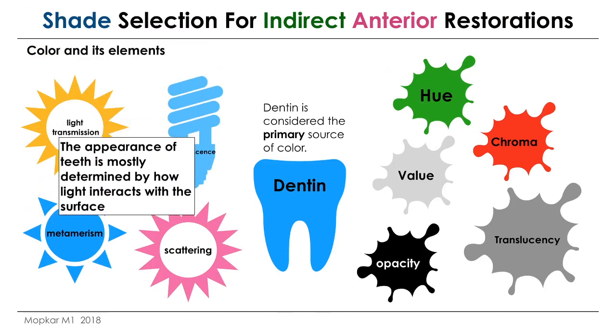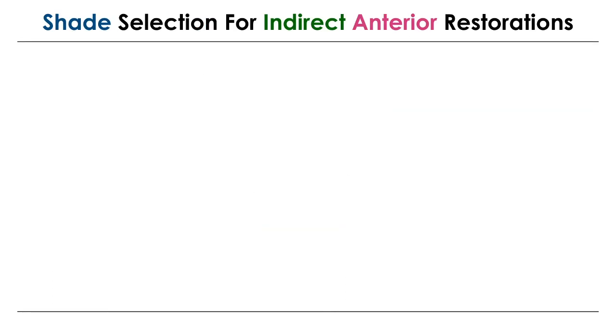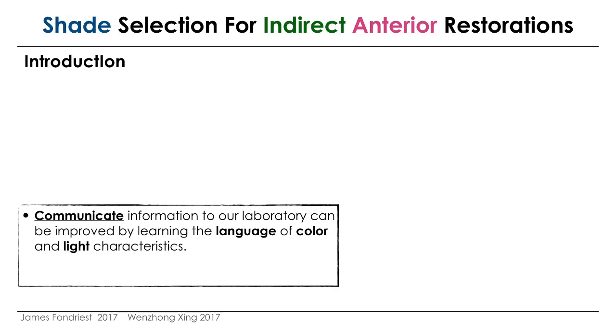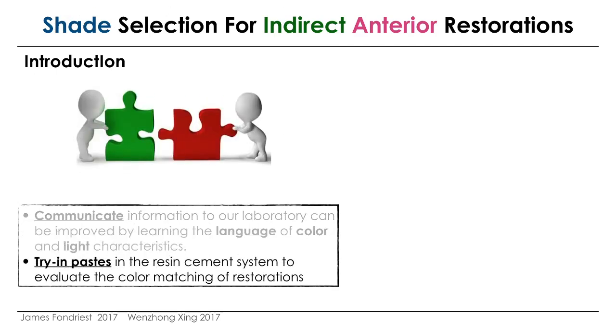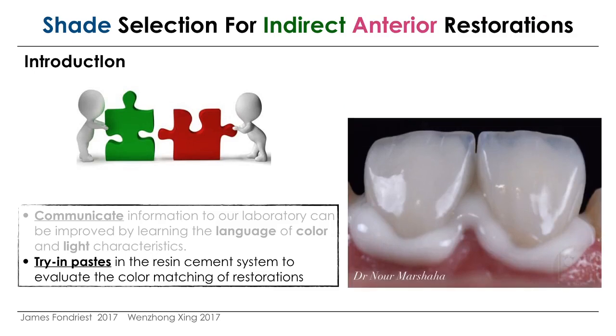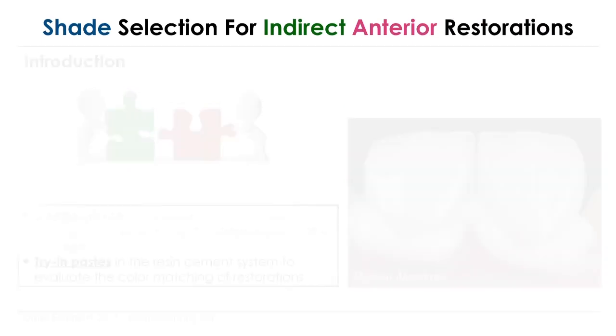So the appearance of teeth is mostly determined by how light interacts with the surface. Communicating information to our laboratory can be greatly improved by learning the language of color. In practice, the corresponding try-in paste of the resin cement can be used to evaluate the color matching of restorations and predict the final aesthetic results.